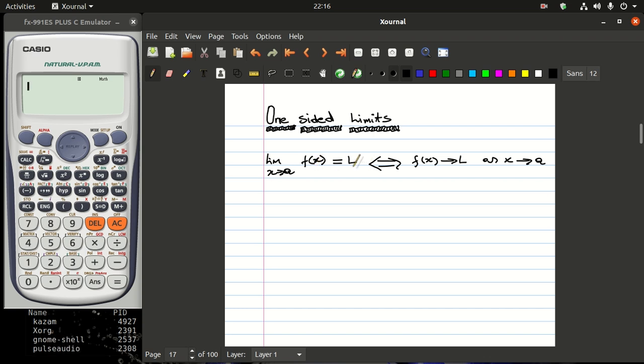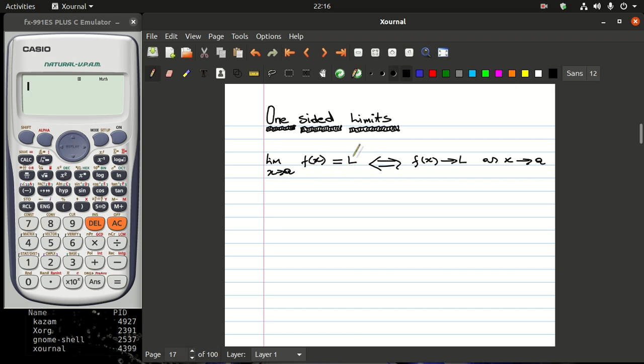This value is the limiting value of this function f of x as x approaches a. That's how you read this whole thing. The limiting value of f of x is L as x approaches a.